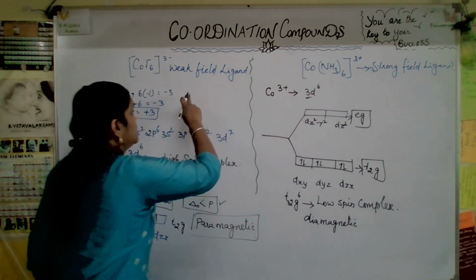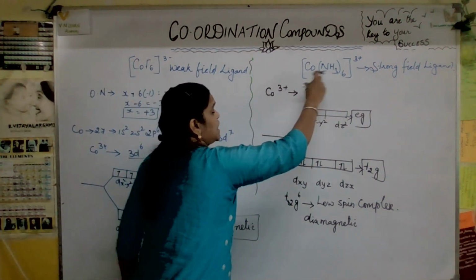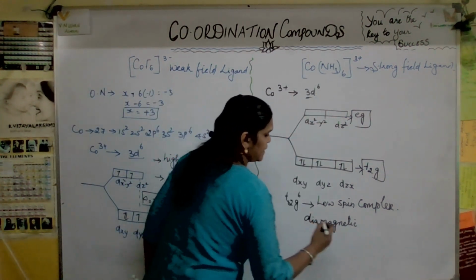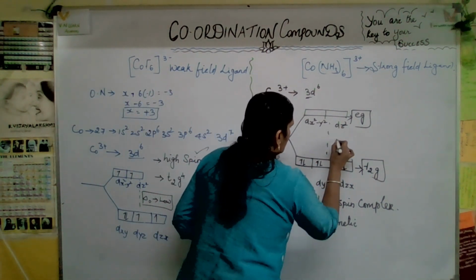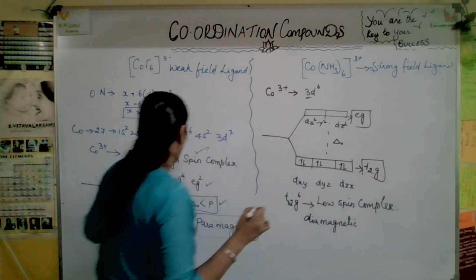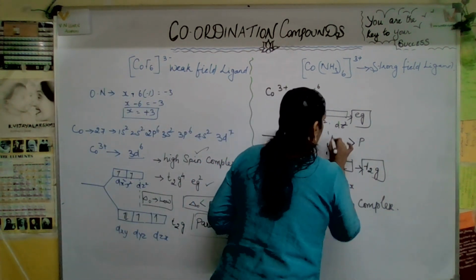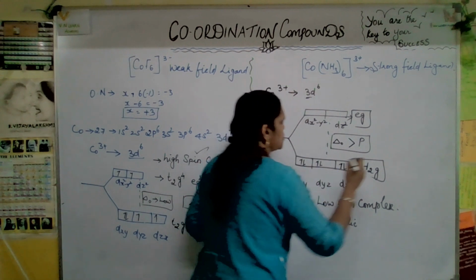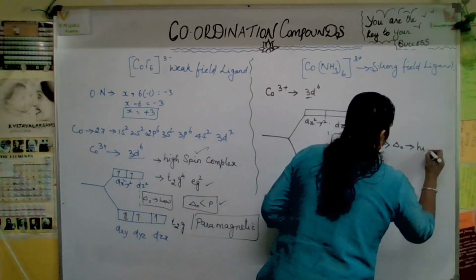See now, when it is [CoF6] it's paramagnetic, whereas [Co(NH3)6] is diamagnetic. Now delta naught: will it be lower or higher? This is higher than P. Hope you're clear. So delta naught will be high.